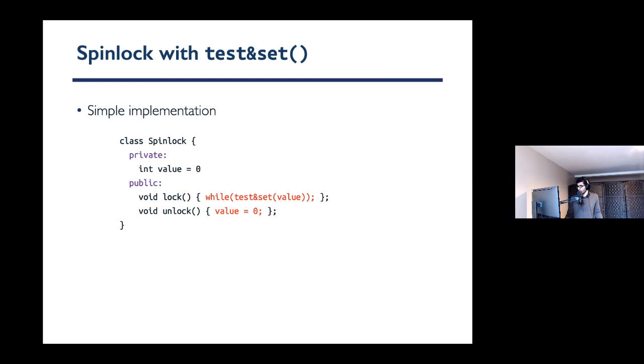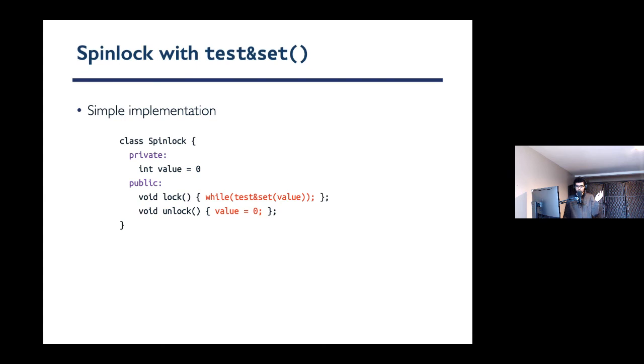So I got a question. Wouldn't it make more sense to say that an atomic read modify instruction executes as one instruction? It is, yeah. Isn't that the definition of atomic? Yeah, it actually runs as one instruction, but that one instruction does multiple things. So sorry if my explanation wasn't clear.